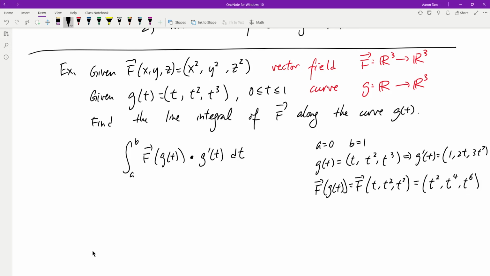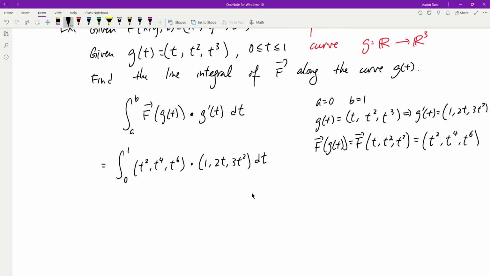So now I have everything I need. Now I'm going to write out my integral. So my integral goes from 0 to 1, t squared, t to the fourth, t to the sixth. That's F of g of t. Dot product g prime, which is 1, 2t, 3t squared, dt.